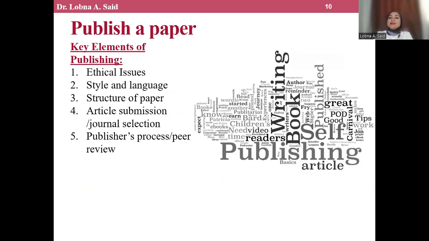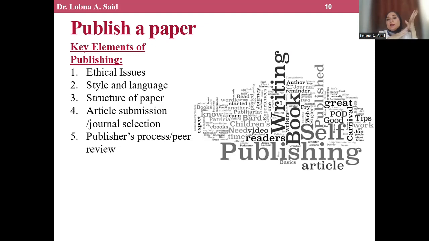Okay, what are the key elements to publish a paper? What are the key elements? Let's use our mind to think. I want to publish. So what's the first step? Actually, the first step is ethical issues. This is really important because your name is really important. So you have to take care of your ethics in publication. The second thing is style and language, and then paper structure.